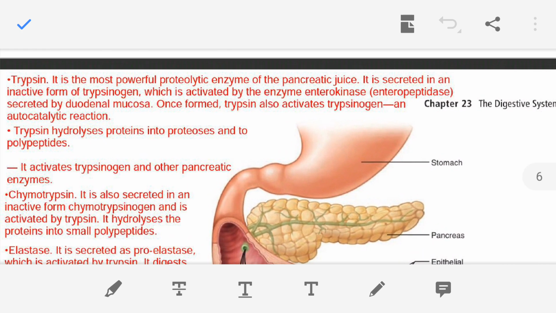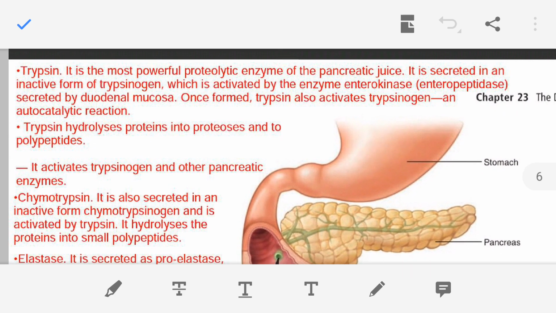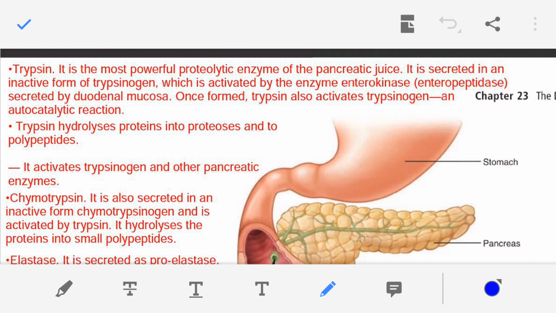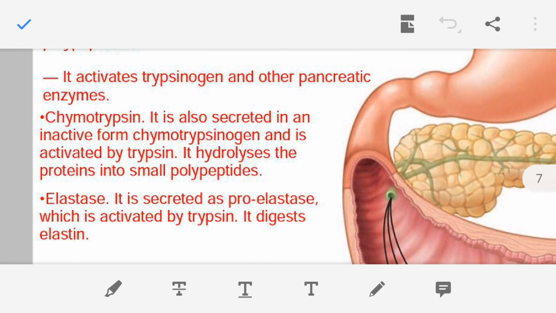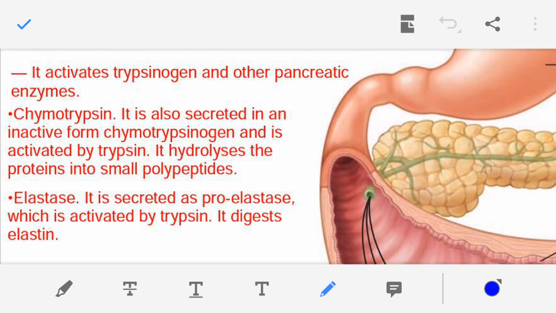Now, what role is active trypsin playing? The active trypsin hydrolyzes the protein, digesting it into proteoses and polypeptides. Then, as we have discussed, trypsin activates the remaining trypsinogen and converts it into active trypsin.